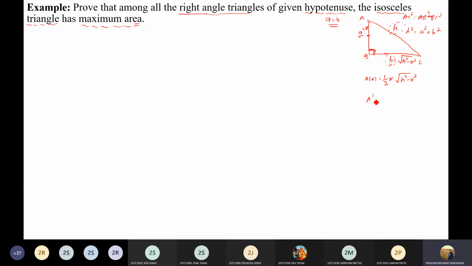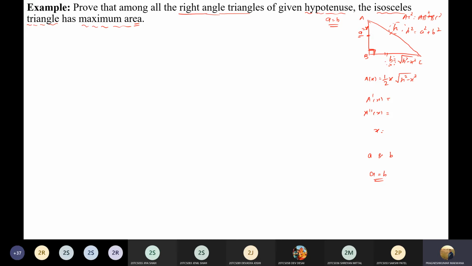So we want to find out A dash x, A double dash x, and more simplify, find out the value of x, and with that value we want to find out the value of a and value of b. So if a equals b, you can say that the area is maximum, then the given triangle is isosceles triangle.